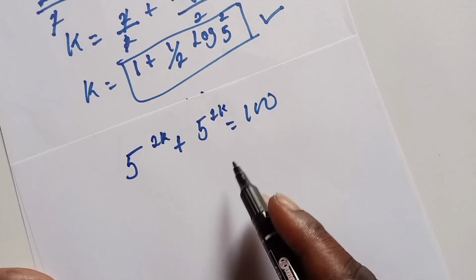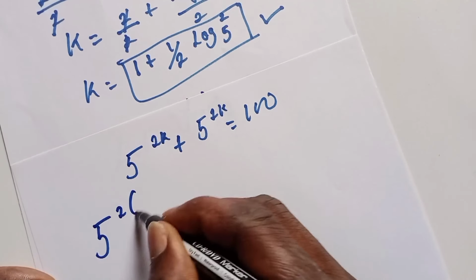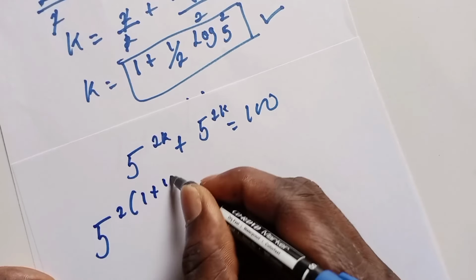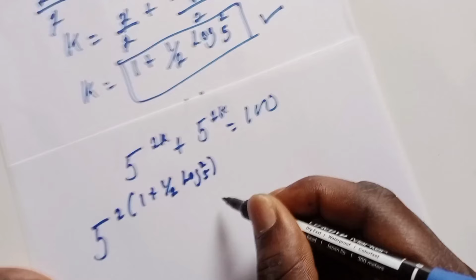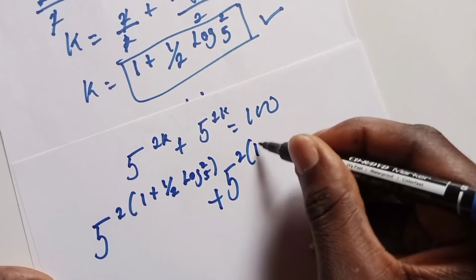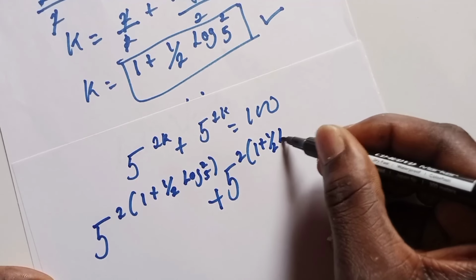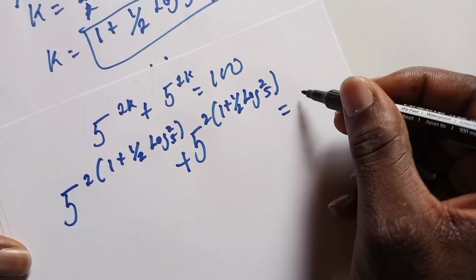So if you apply this, we have 5 raised to power 2 times (1 plus 1 over 2 log 2 base 5) plus 5 raised to power 2 times (1 plus half log 2 base 5) is equal to 100.